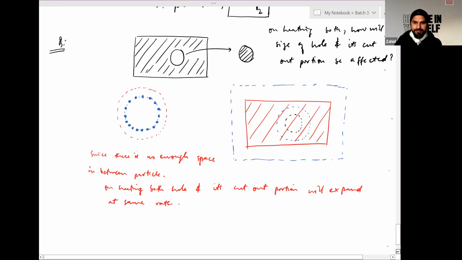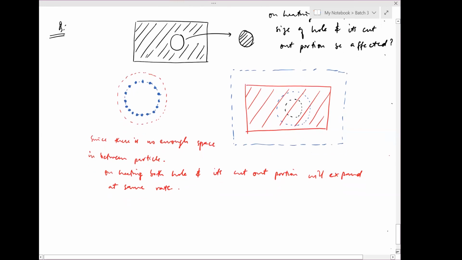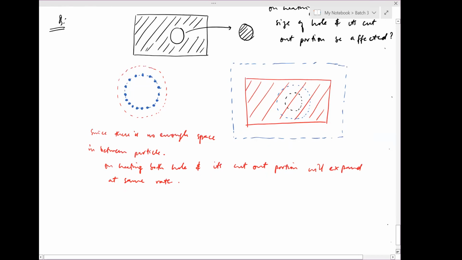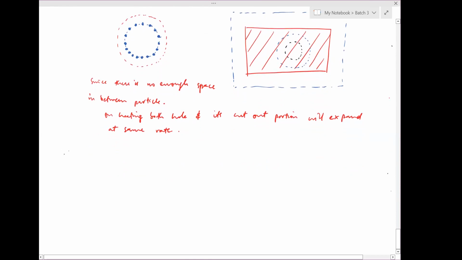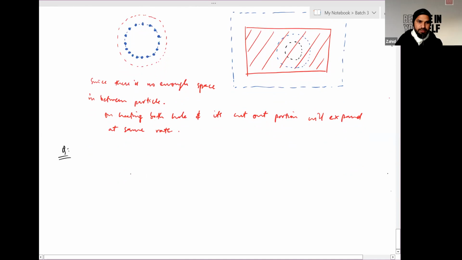You all have written? Rishan, done? Yes, sir, done, sir. Let me ask you another question related to this part. Suppose you have a rectangular sheet in which there are two different holes.